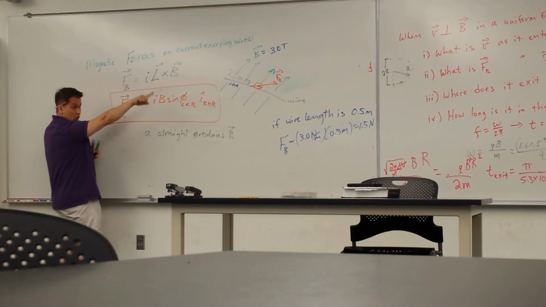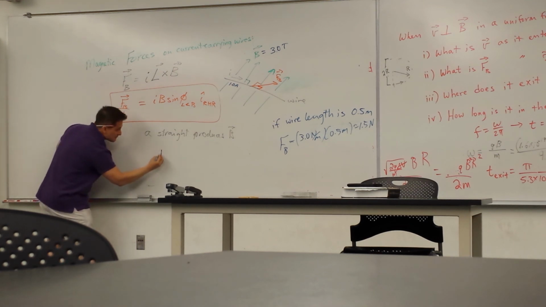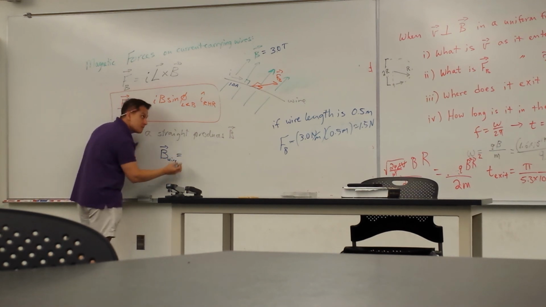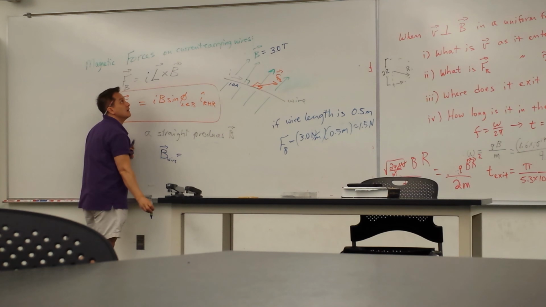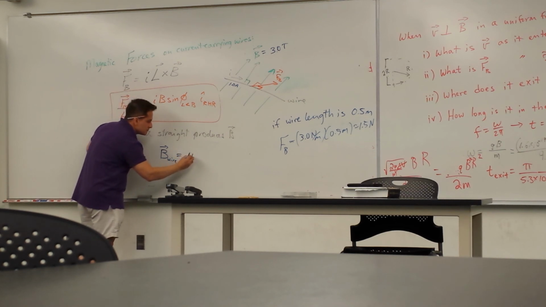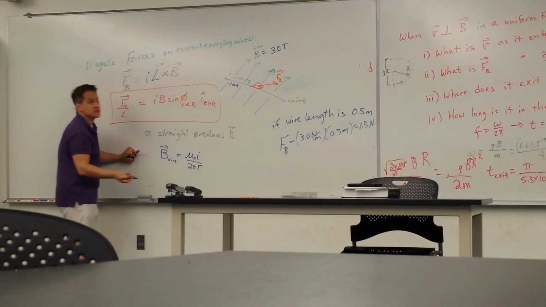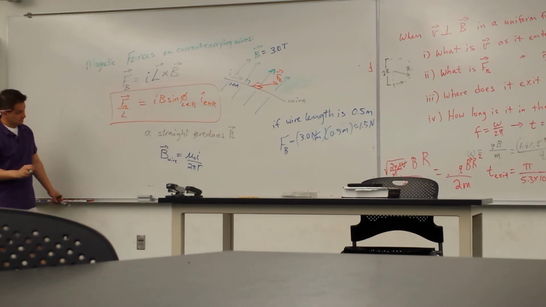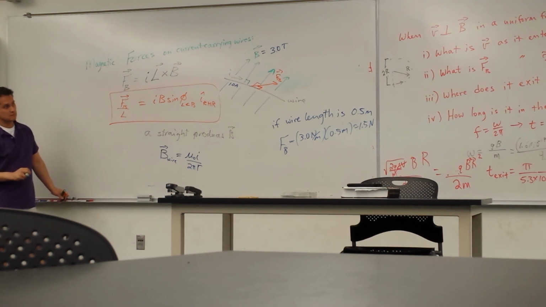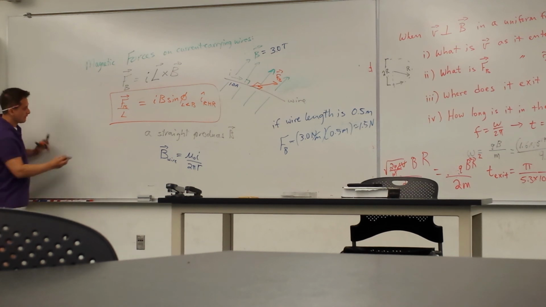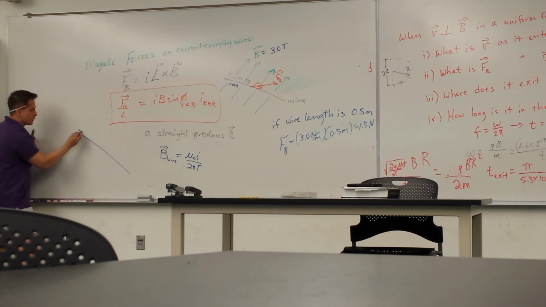But for this particular wire, for instance, the magnetic field associated with the wire goes as mu naught I over 2 pi r, where r is the distance of separation. So here's your current.